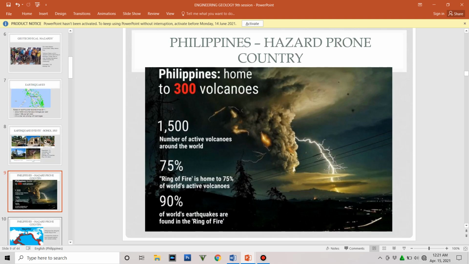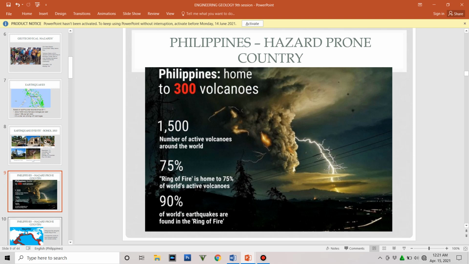So why is that? It seems that our country is a favorite destination for these hazardous events, because the Philippines is home to 300 volcanoes. 1,500 is the number of active volcanoes around the world, and 75% of it is within the Ring of Fire.